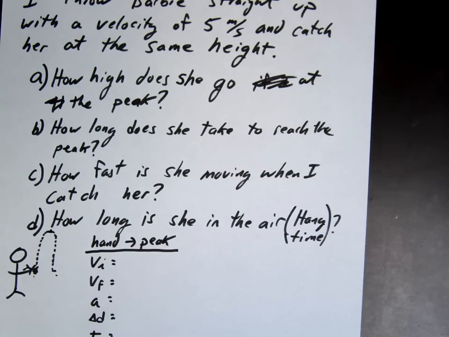So by initial velocity, we don't mean the velocity down here when I start throwing it. We mean once she leaves my hand, how fast is she moving? So when I throw it like that, at that moment of leaving my hand, how fast? So what's the answer? 5.